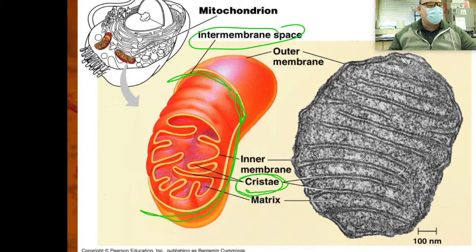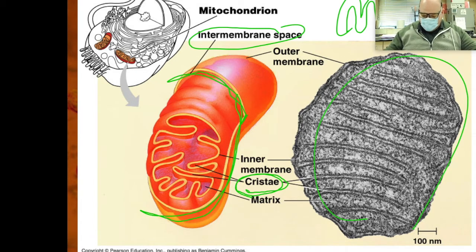It will be on one of our other slides, but all that sort of wavy part on the inside, these are called the cristae. There's these humps, okay? Cristae means crest, like the crest of a mountain or a wave. And here's sort of the electron microscope picture of it over here, where you can see all the membrane surface area, okay?